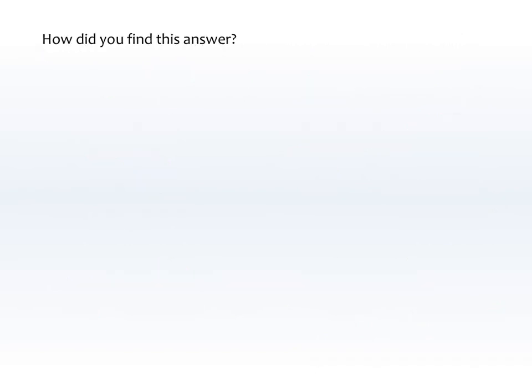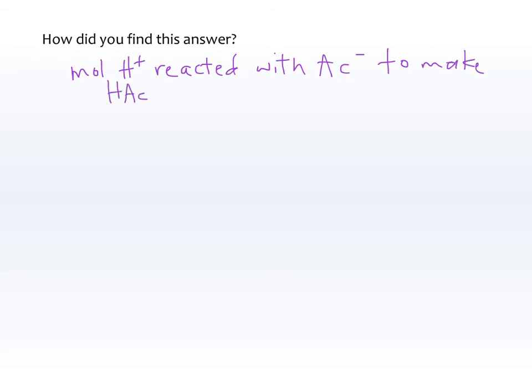So let's talk about how we found this answer. The first thing we did was that the moles of H plus reacted with the Ac minus to make HAc. Specifically the moles, not the molarity, of H plus reacted with the Ac minus to make HAc.